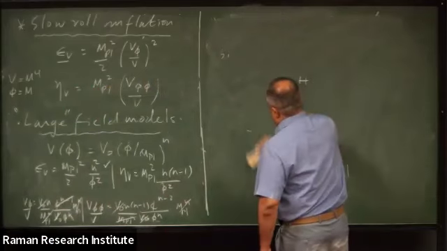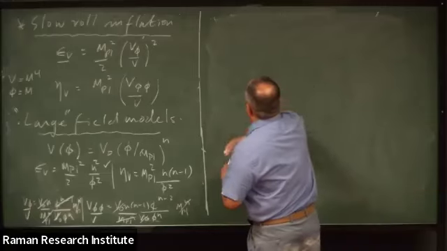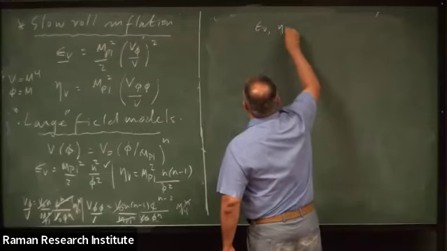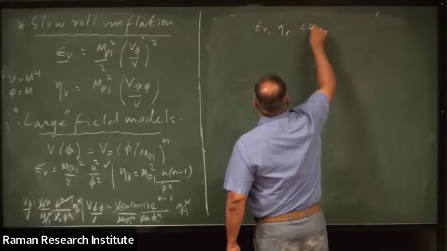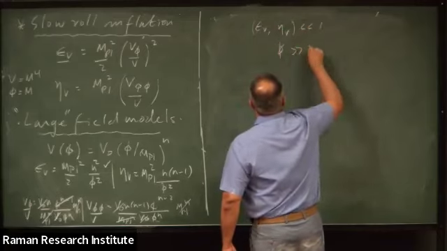So what does it imply? You see that epsilon v, eta v, is much, much less than 1 when phi is much, much greater than MPL.